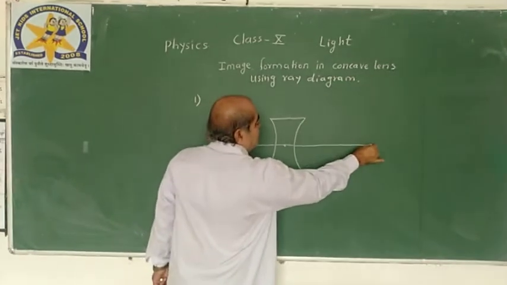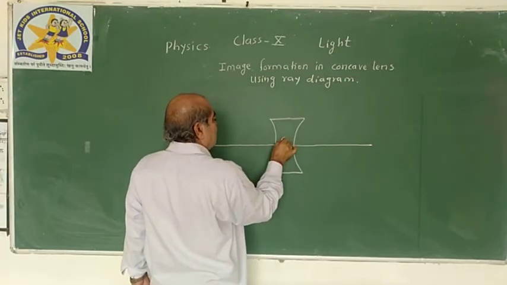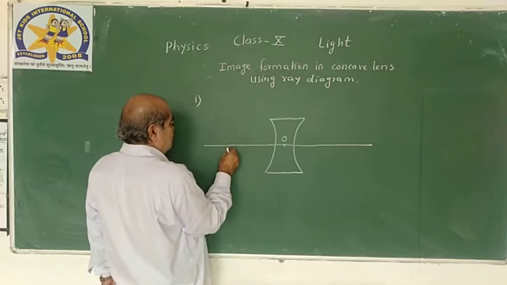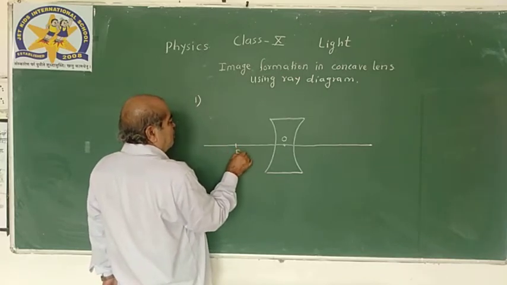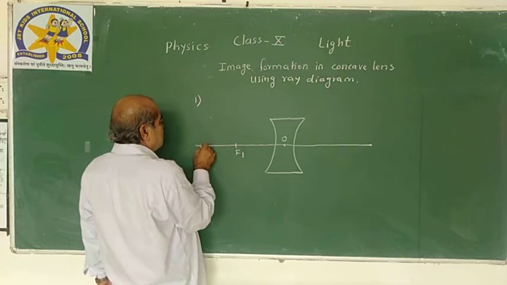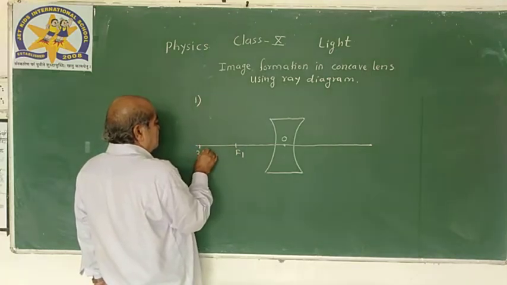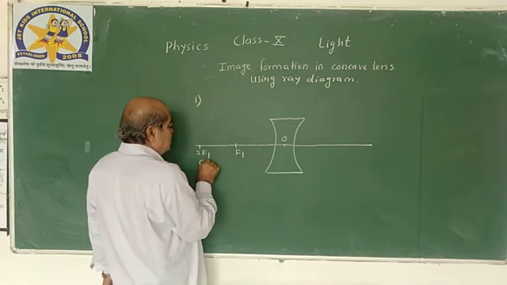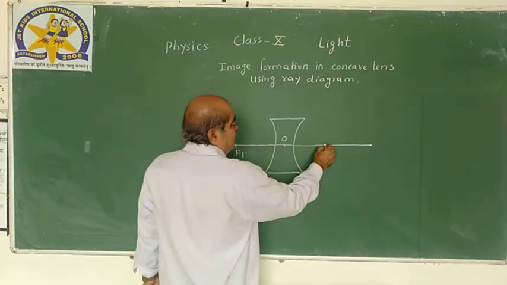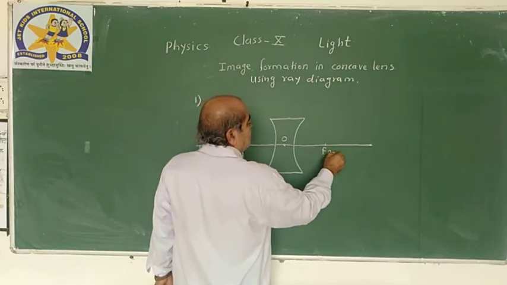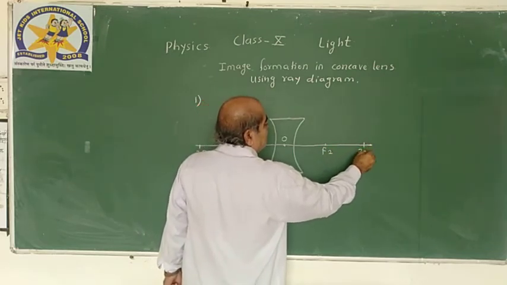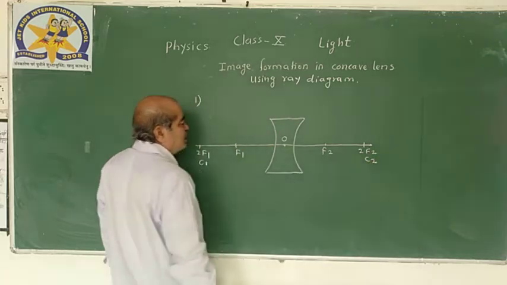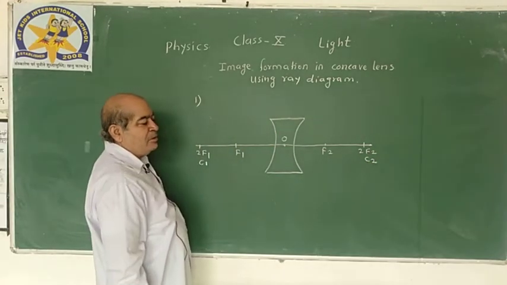So this is the concave lens. O is the optical center. F1 is the principal focus 1. This is twice F1, or center of curvature C1. This is F2, the second principal focus, and twice F2, or the second center of curvature C2.